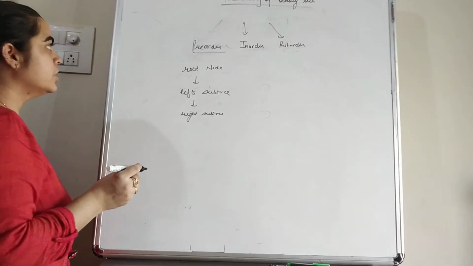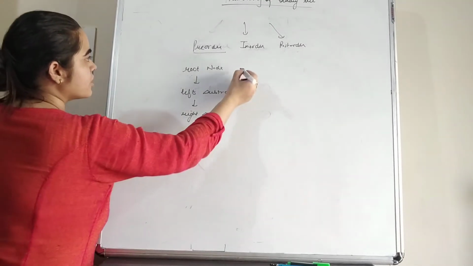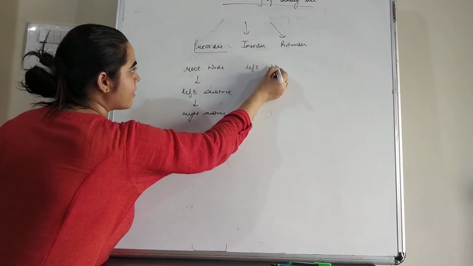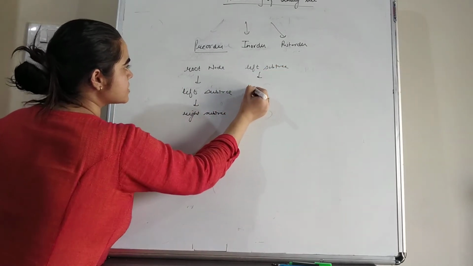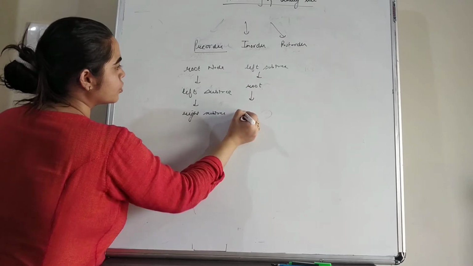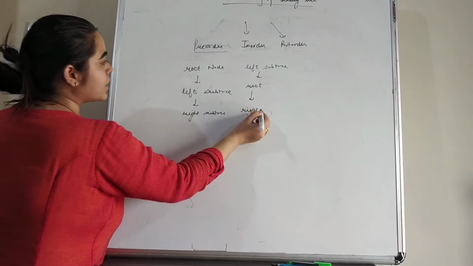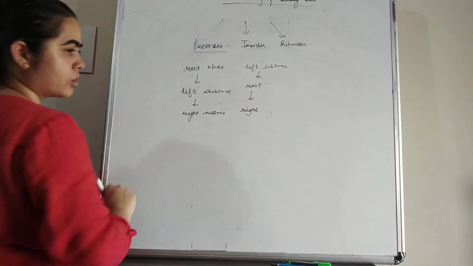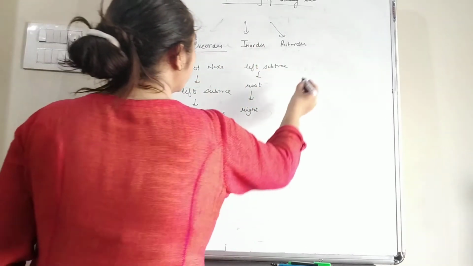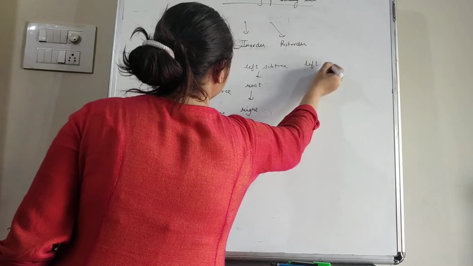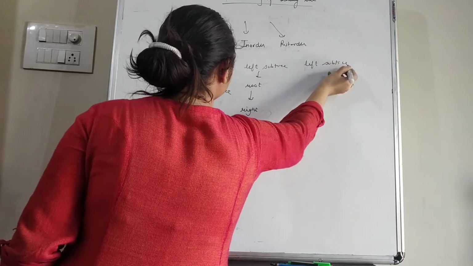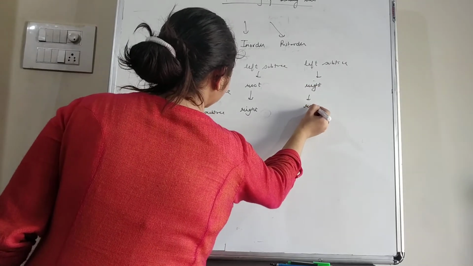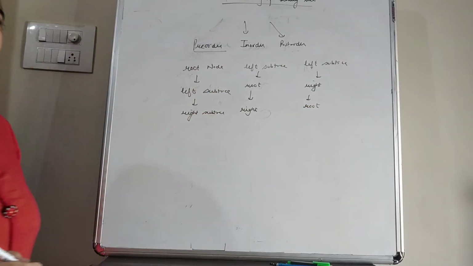In case of in-order traversal, initially we process the left subtree, and after the left subtree we process the root node, and after the root node we process the right subtree. Third is post-order. In case of post-order, initially we traverse the left subtree, after the left subtree we traverse the right subtree, and finally we process the root node.